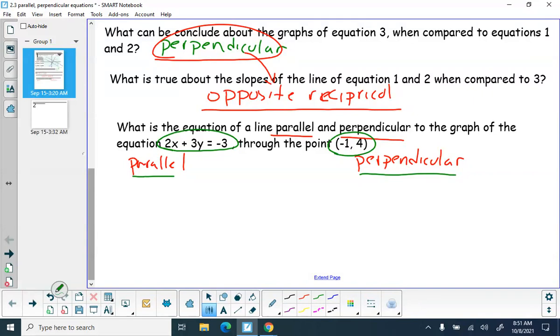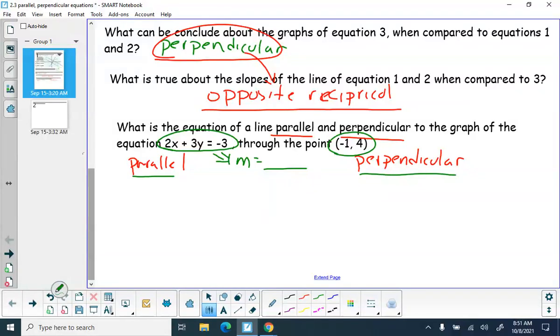Well, to be parallel to the equation 2x plus 3y is equal to -3, what's the first thing we're going to have to find here? The slope. So we're going to have to look at this equation and find the slope.